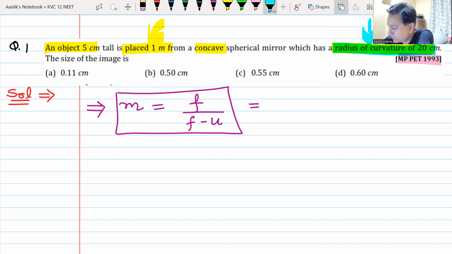Sir? 10, sir. Say with sign, sir. Without sign, nothing matters, sir. Concave mirror, sir. Focal length, sir. Positive, sir, or negative, sir?